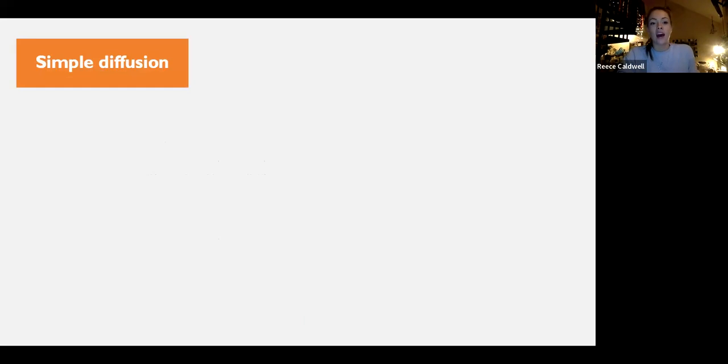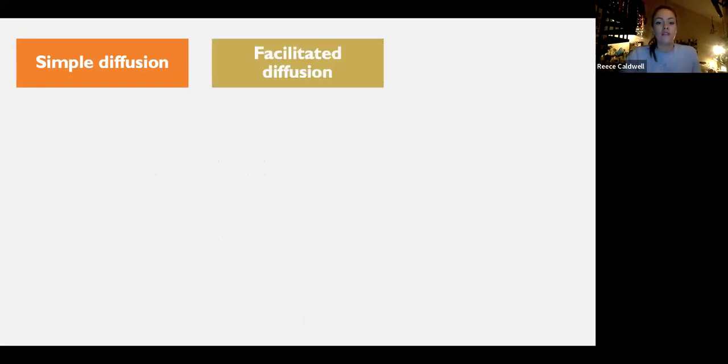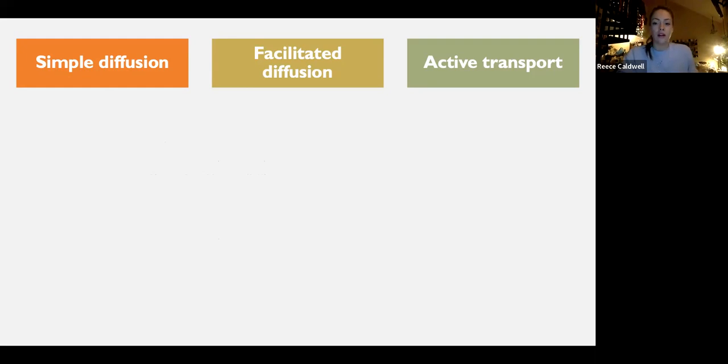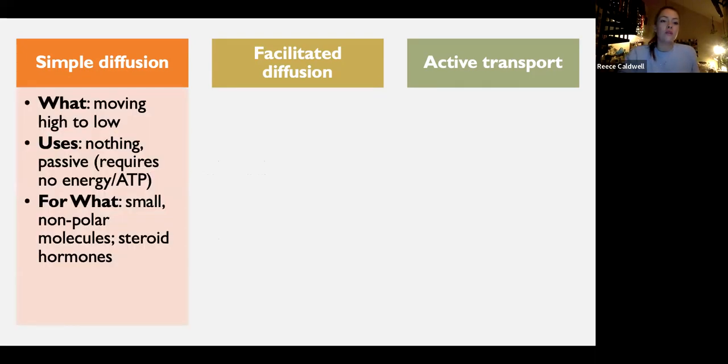So moving on, now we're going to look at our three main types of transport. We have simple diffusion, facilitated diffusion, and active transport. I've kind of reviewed the first two. The last one we haven't gotten into much. But again, simple diffusion is working with molecules that are moving from high to low concentrations.